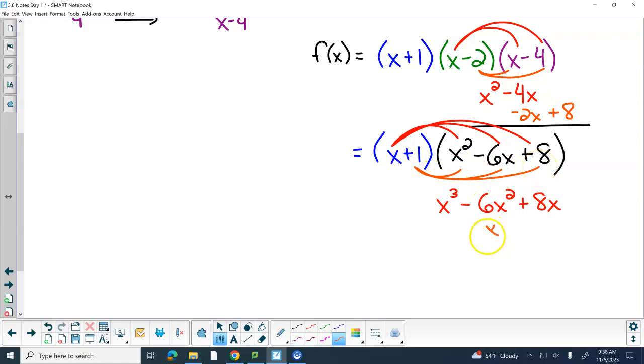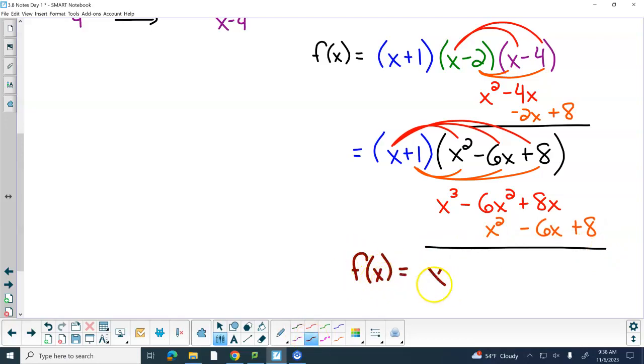Gives me x squared minus 6x plus 8. And so then that gives us our function: x cubed minus 5x squared plus 2x plus 8.